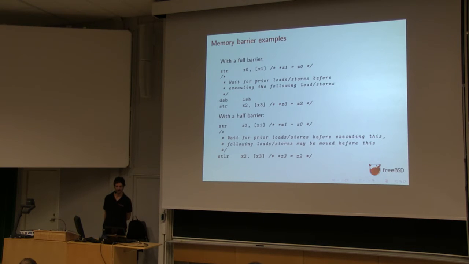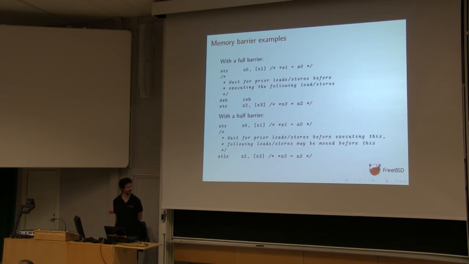So DSB is a data synchronization barrier, I think it is. And ISH is just saying I'm going to write to inner shareable memory, which is the magic type of memory that ARM uses. So it means that the first store happens, and then only at the point at which all prior stores have completed can any later loads and stores be started. So that's useful if, say, you're wanting to signal across threads.